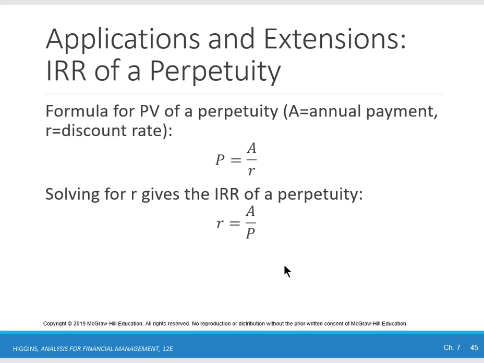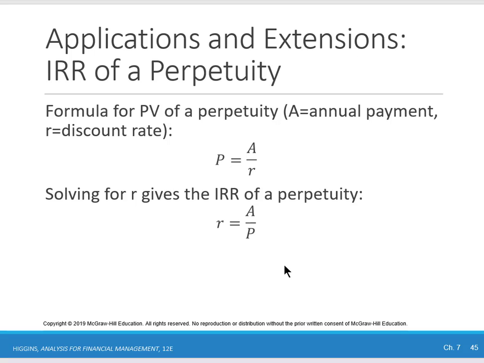We have one more example that we can talk about with respect to a type of investment. This is what's referred to as a perpetuity. So what is the definition of a perpetuity? It's an equal payment stream, but the payment stream has an infinite life.